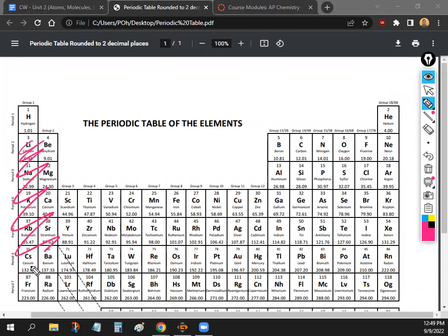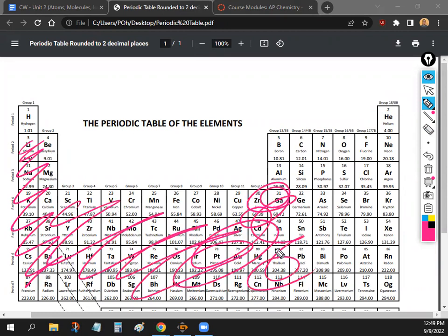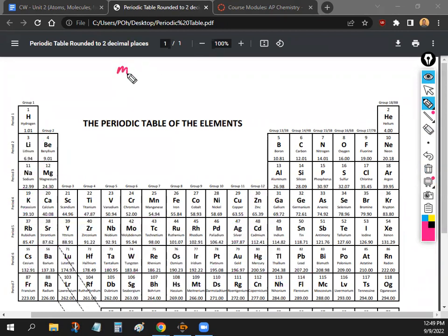It's the guys on the left side and most of the middle. These guys become cations. So just keep in mind that metals like to become cations. There is one little weird exception, and it's hydrogen. Hydrogen is a non-metal, but hydrogen also likes to become a cation. So we'll say hydrogen and the metals like to become cations.